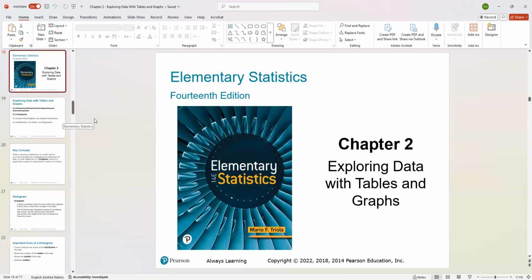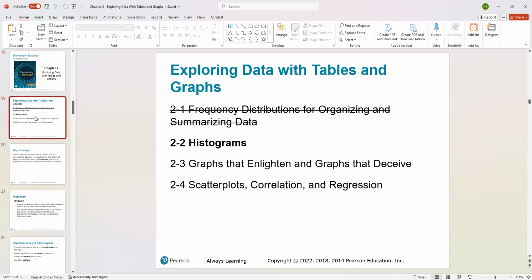But in this one, we're really going to take a look at histograms. We're going to develop the ability to picture the distribution of data in the format of a histogram or the relative frequency distribution for quantitative data.